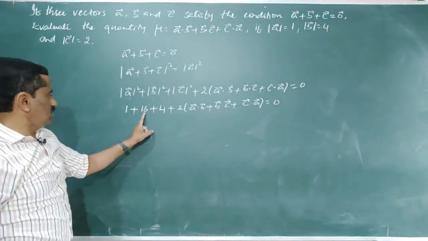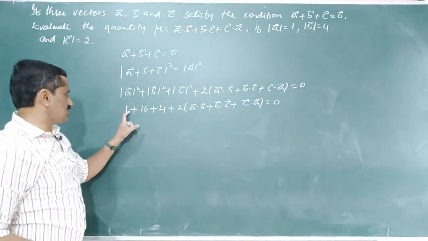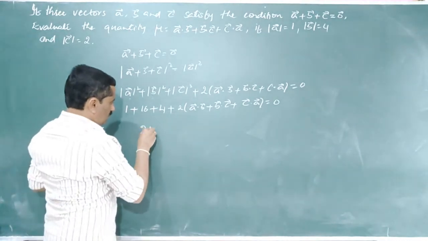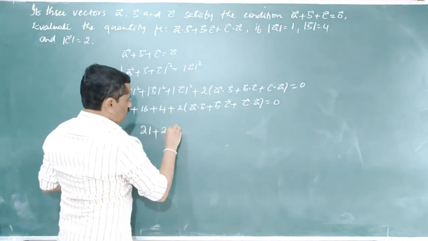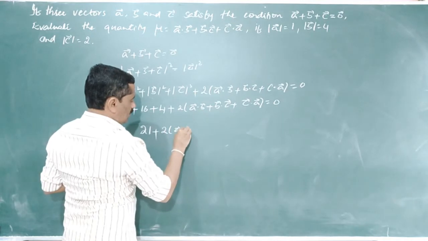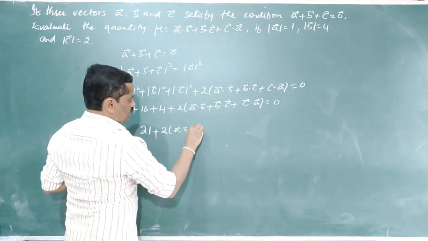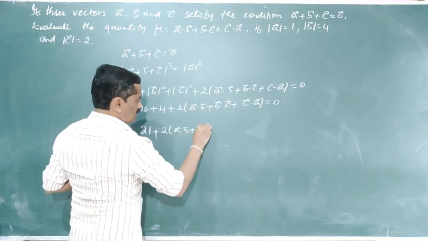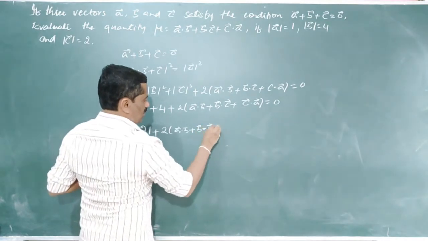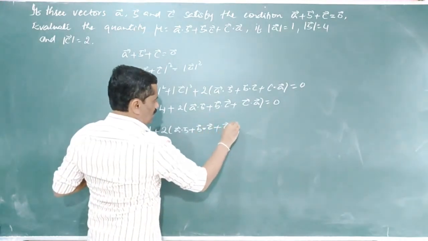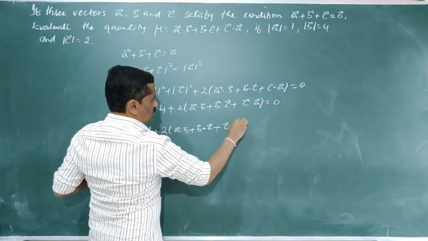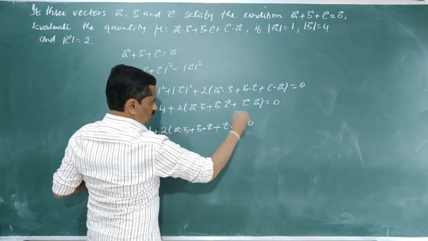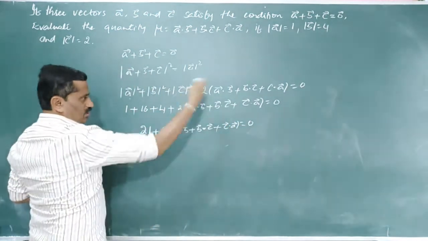So 16 plus 4 is 20, plus 1 is 21. So 21 plus 2 of a bar dot b bar plus b bar dot c bar plus c bar dot a bar is equal to 0. Now bring 21 to RHS.